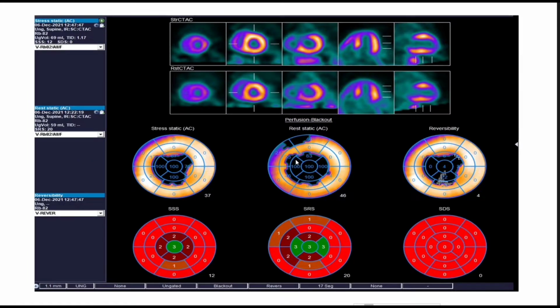So if we look at the bullseye now, again, our apex is right here. This is rest, this is stress. The computer's calculating some difference of 20, and that's the severity of lack of blood flow out here. And then it drops down to 12, but there's no ischemia. There's nothing that gets worse when we look at this.